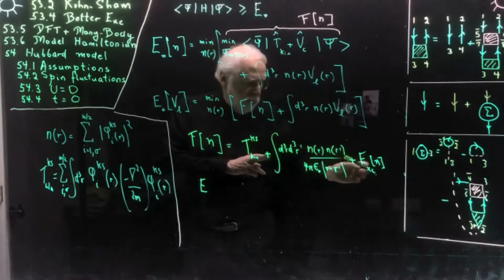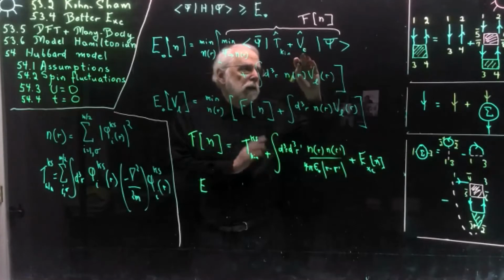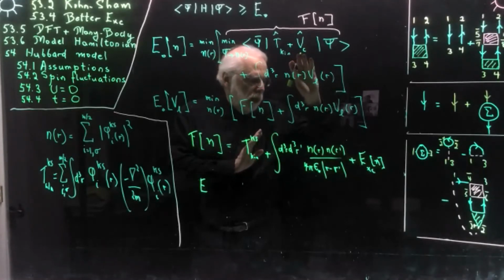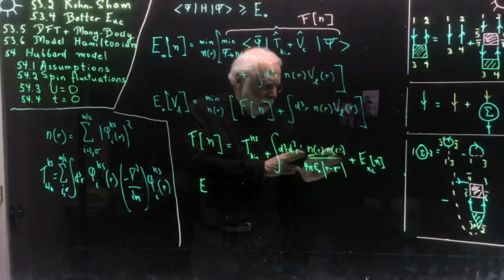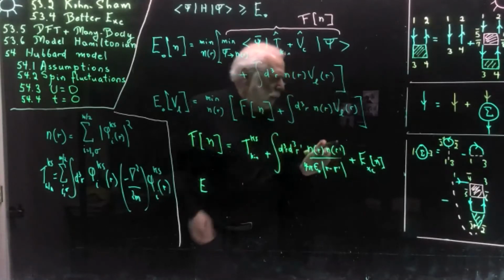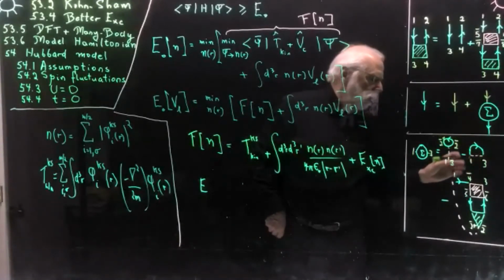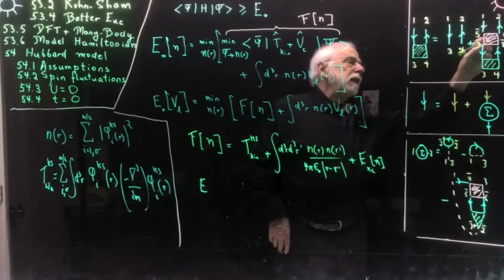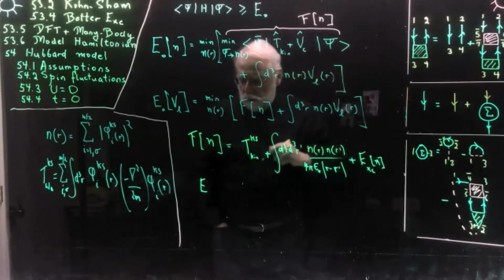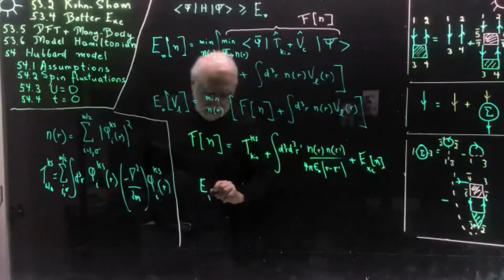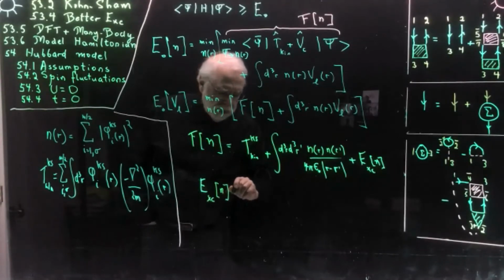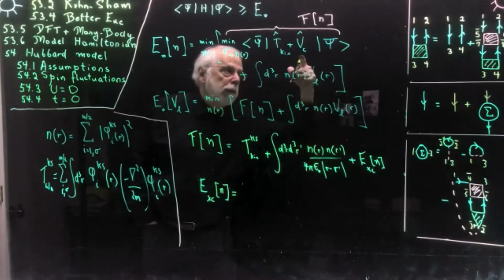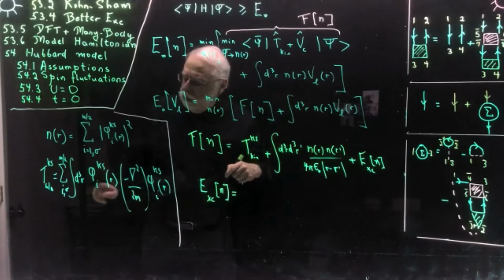Now there's another thing that comes in, which is the Coulomb interaction. And the Coulomb interaction we can approximate by the Hartree piece, but there's also an exchange. Well, this is for self energy, but here there's an exchange also. So E exchange correlation of n, again an exact statement, is equal to the exchange part of the Coulomb interaction written in the Kohn-Sham basis.